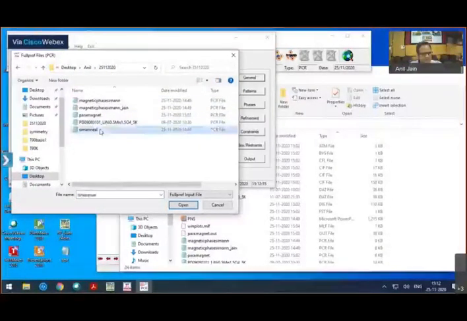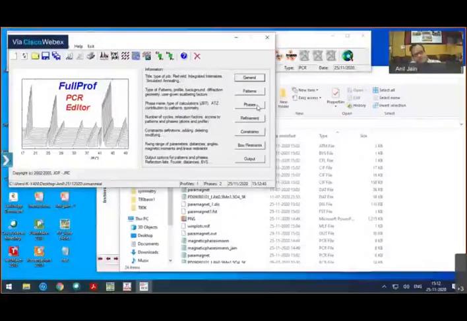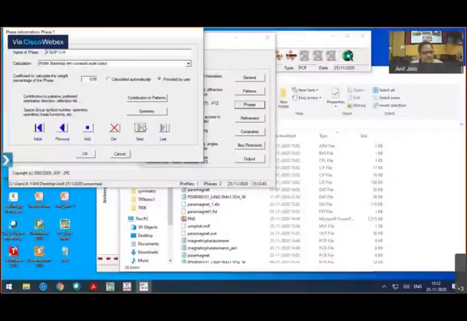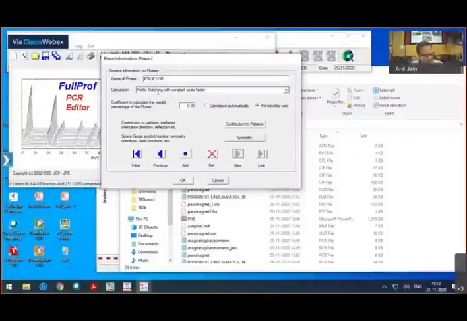So this is simulated annealing. I will now go to phase number 2 and see. You can see when I click phase number 2, due to job type 2, what comes here is the profile matching. Let me change the name of the phase.